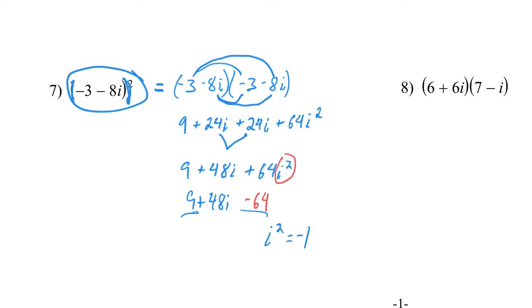So that's going to give us -55 plus 48i. And there is your answer. So whenever you do any of these problems with i, you should always have a number with i. One of those numbers could be 0, but you should never have an i squared in your answer.